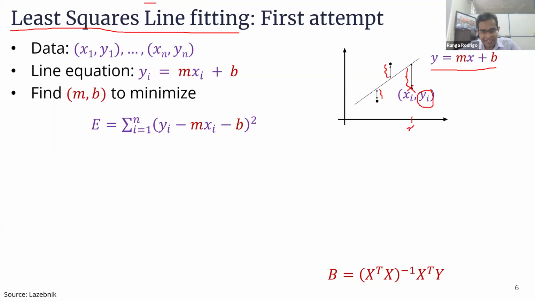This location is xi, so the line will predict m xi plus b. So there is an error between yi and this one. That is written here. Very simple, right?